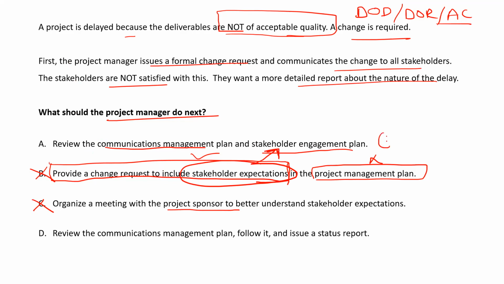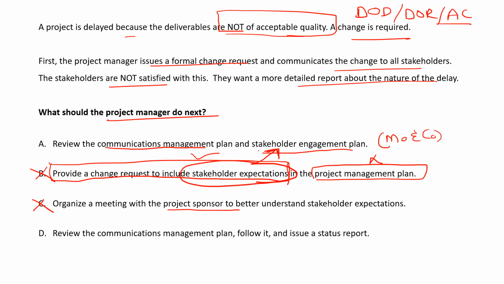And this is the stage of monitor and control, because something is not working correctly. So you need to look at monitoring and controlling. Wow, let's go next. Sir, yeah, go ahead. But in this question, the stakeholders are already not satisfied and they are asking for more detail. Yes.